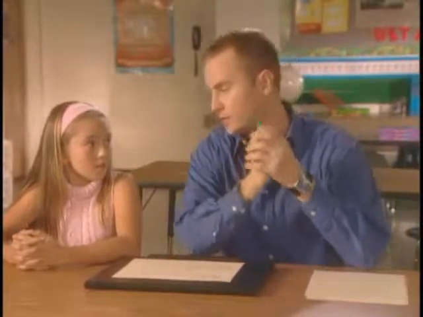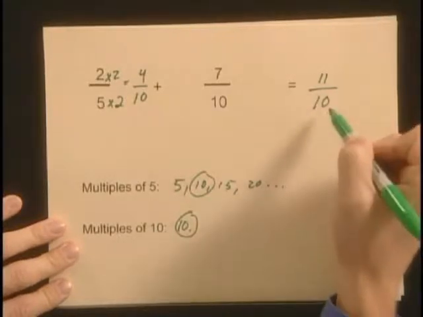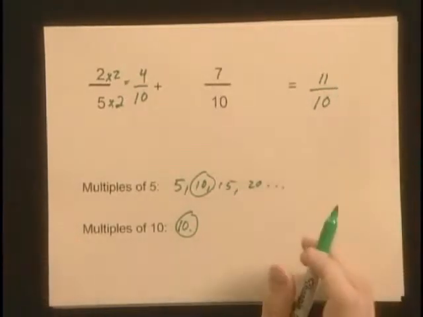Now, can we go a little bit further with this? Yes. What can we do? We can simplify our fraction. Right here, we've got what I like to call a top-heavy fraction. And what do top-heavy fractions do? They fall over. Fractions, as we know, are parts over the whole. Our part, in this case, is bigger than the whole. So let's turn that into a mixed number, a whole number plus a fraction.